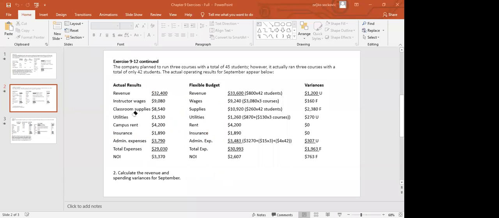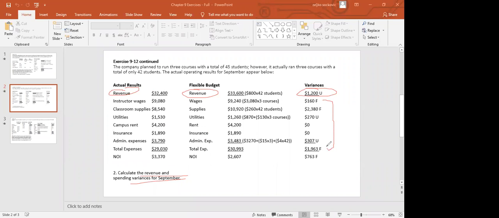Okay, so for example, this is the question for us. Calculate the revenue and spending variance for September. So revenue would be here, revenue, right? And what else? Spending variance. Spending variance would be all of this.